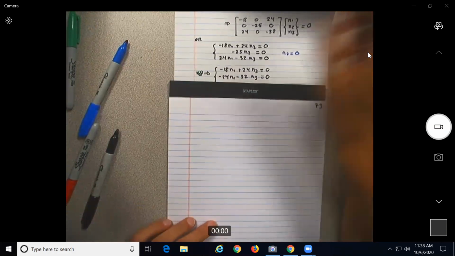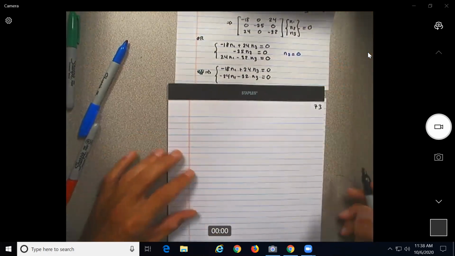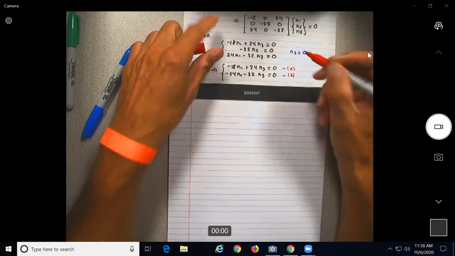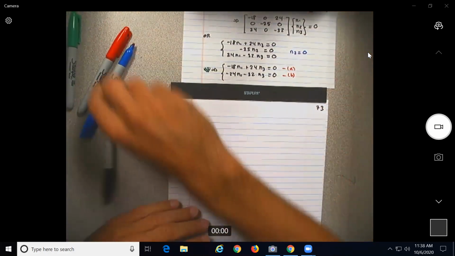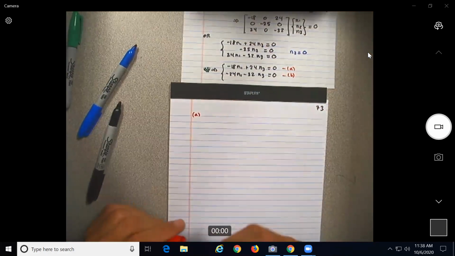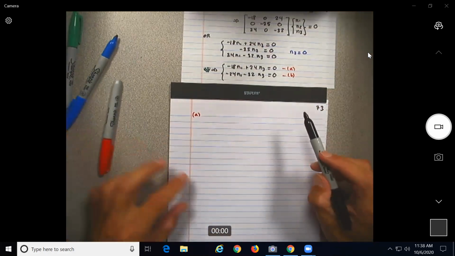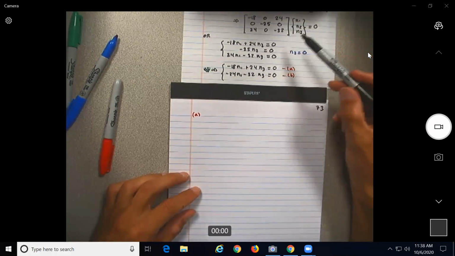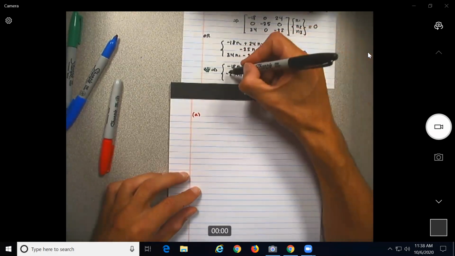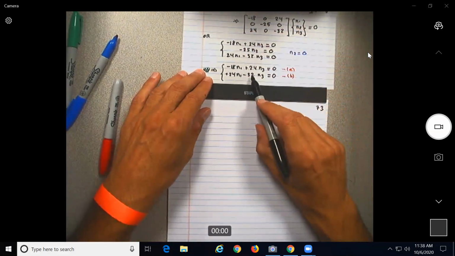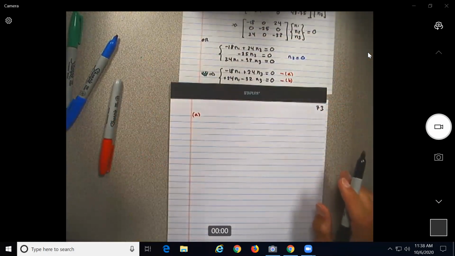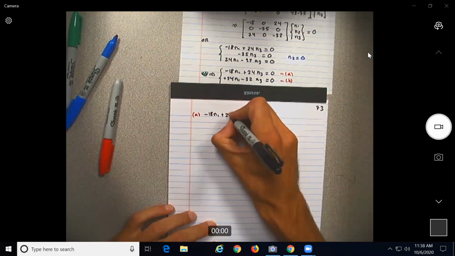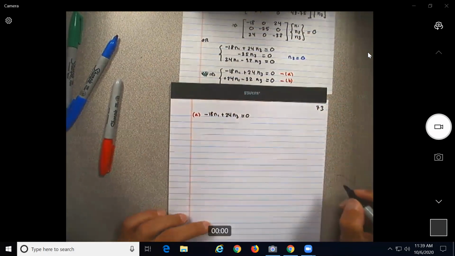All right, so we have this system. What we're going to do is solve the top one first. Let's call it equation A and equation B. Equation A is minus 18 n1 plus 24 n3, and equation B is 24 n1 minus 32 n3. Anyway, from equation A, we have minus 18 n1 plus 24 n3 equal to 0.